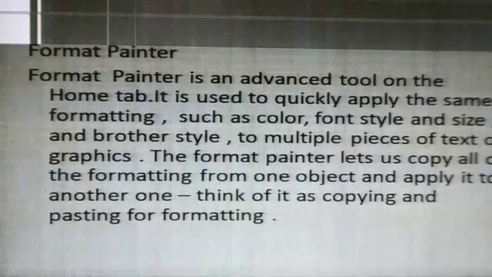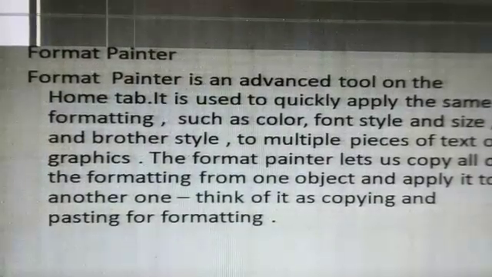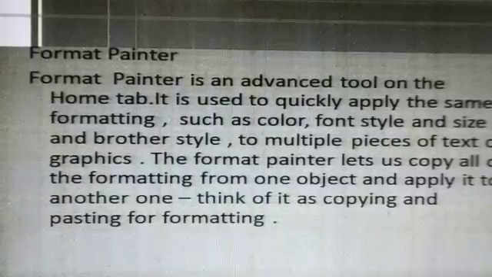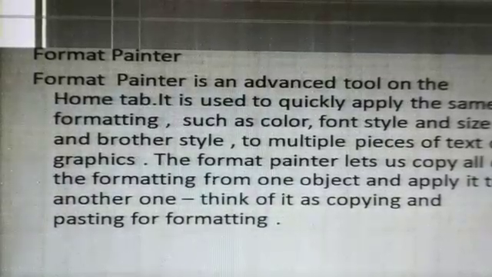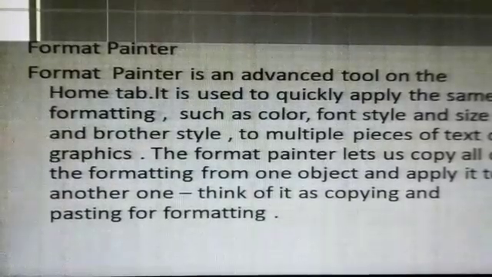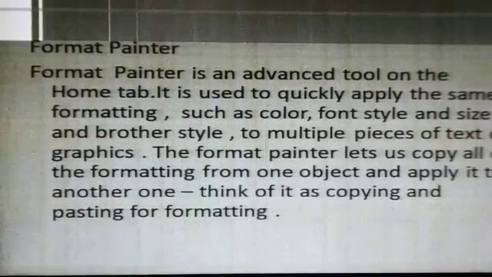The Format Painter lets us copy all the formatting from one object and apply it to another one. Think of it as copying and pasting of formatting. Let's understand Format Painter with an example.